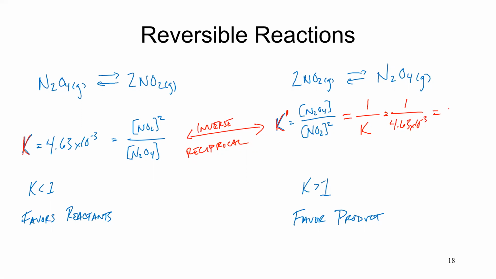And if we do that math, 1 over that, we get 216. So again, it's not a million. It still has a true equilibrium setup. But the relationship between reversible reactions like this is that if we flip the reaction, we take the inverse or the reciprocal of our equilibrium constant. Okay.